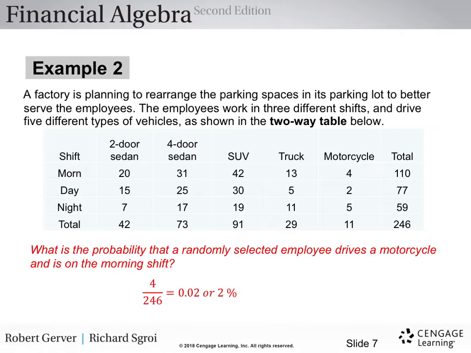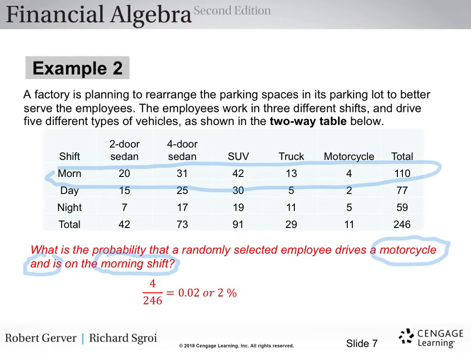Now, we're using the same data, but now we're asking, what is the probability that a randomly selected employee drives a motorcycle and is on the morning shift? So let's look at the morning shift. The morning shift is this row right here. How many drive a motorcycle? Well, 4 of the morning shift drive a motorcycle.